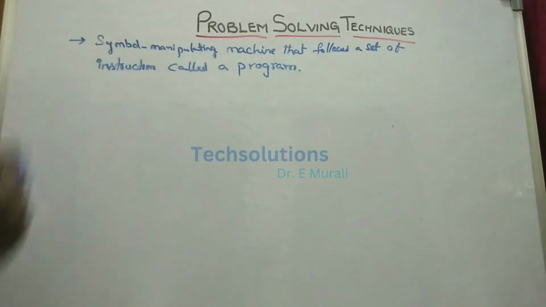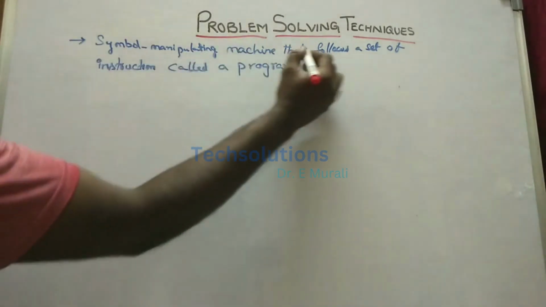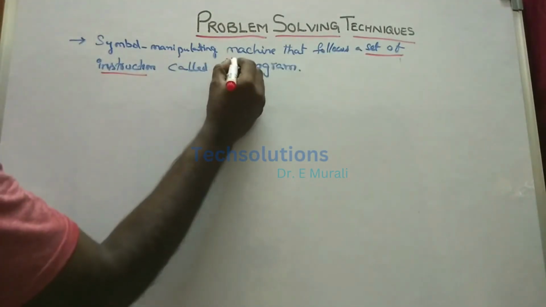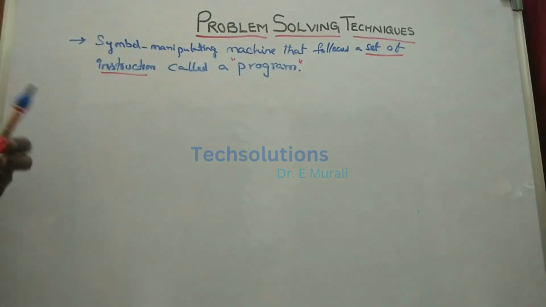Right? Here the computer is the symbol-manipulating machine that follows a set of instructions, which is called a program.